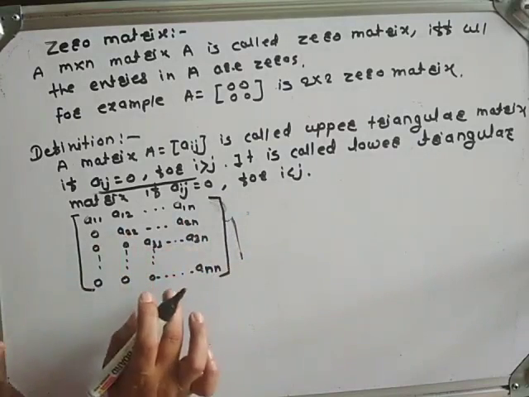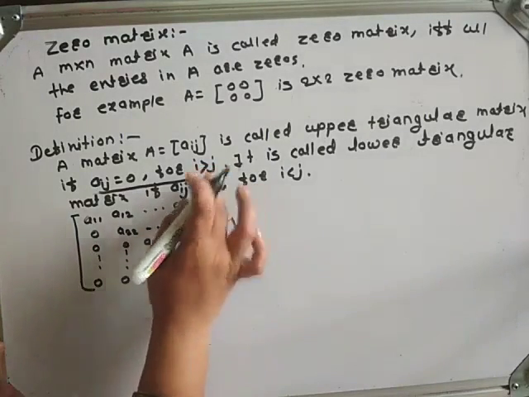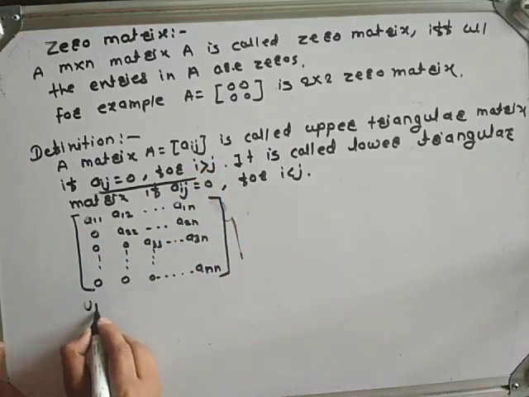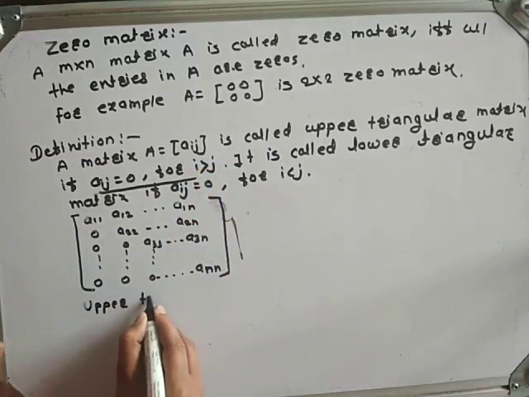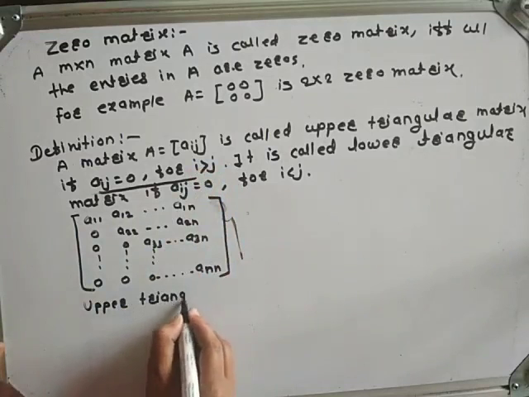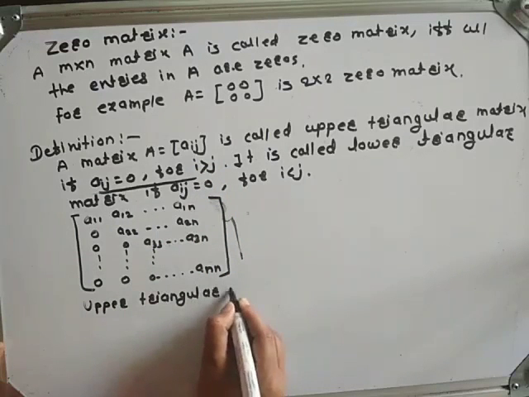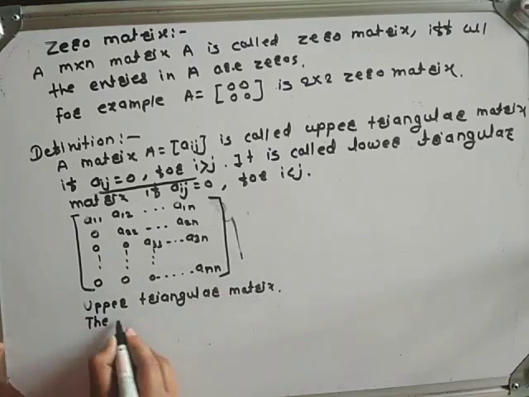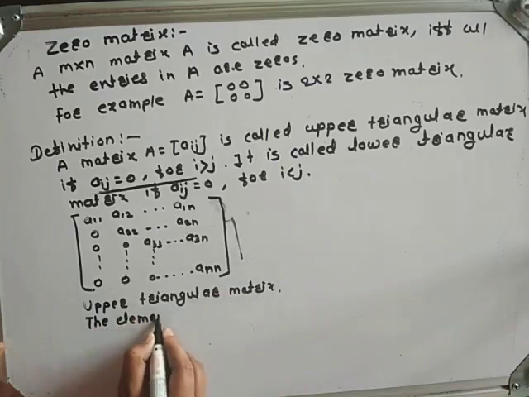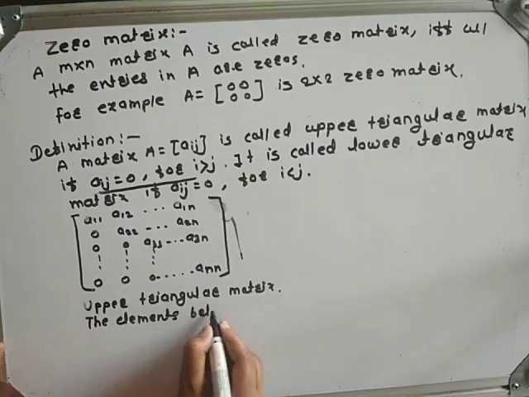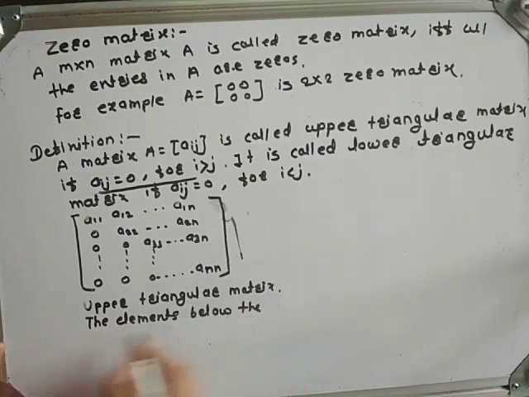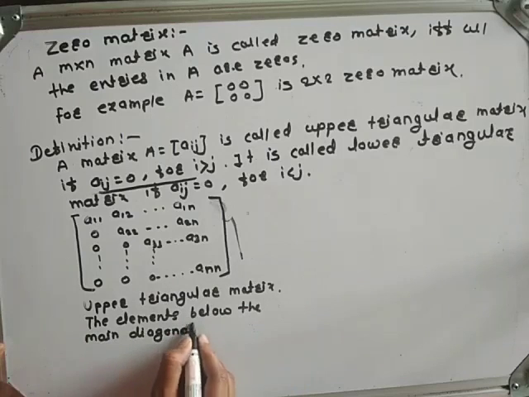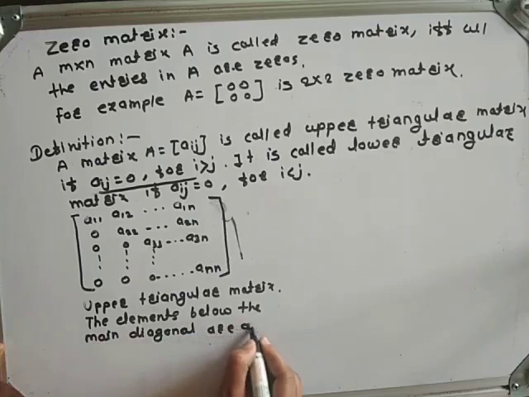This is an upper triangular matrix since i is greater than j. In an upper triangular matrix, the elements below the main diagonal are all 0.